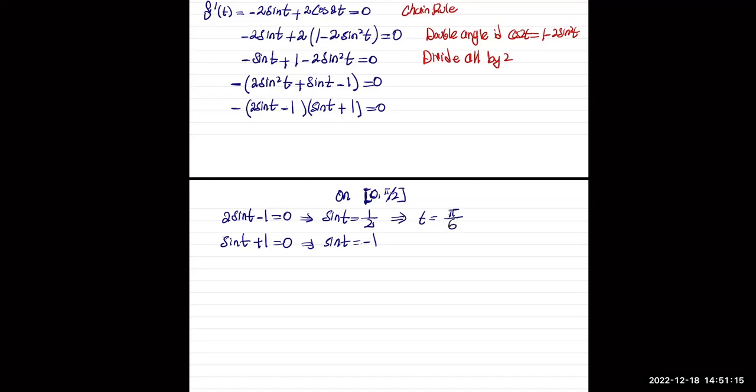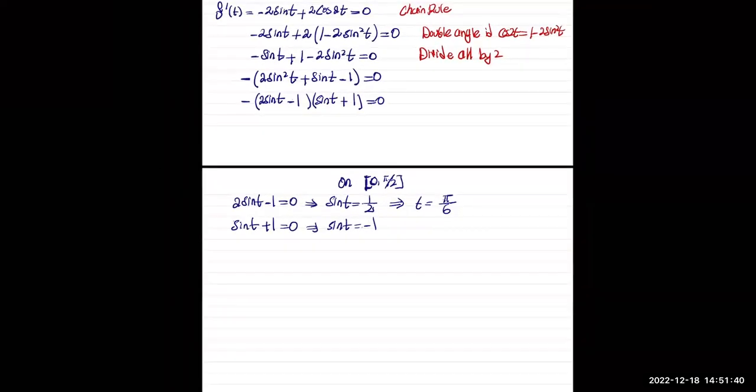Let me just see what's going on with this pen here. Hopefully the battery is not out. Actually, it's not. We also have t equal to 5 pi over 6, which is not what we are concerned with. That's the only solution. 5 pi over 6 is not in that interval.